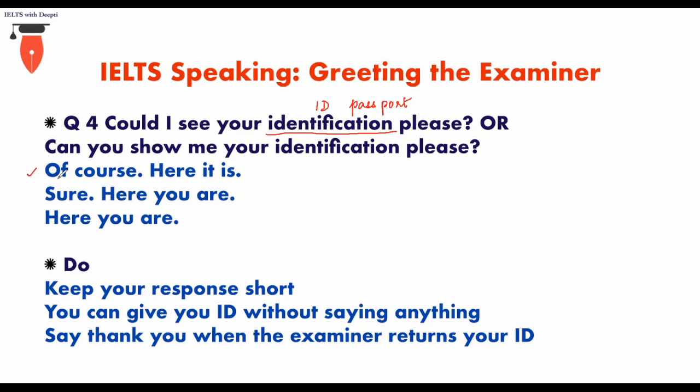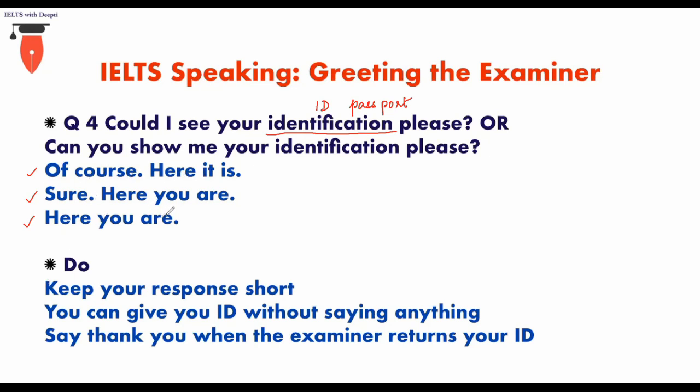Either you can say, of course, here it is. Or you may say, sure, here you are. You could even say, here you are. So out of these three, you could choose any one response and give your identification to the examiner. Please remember to keep your response short.